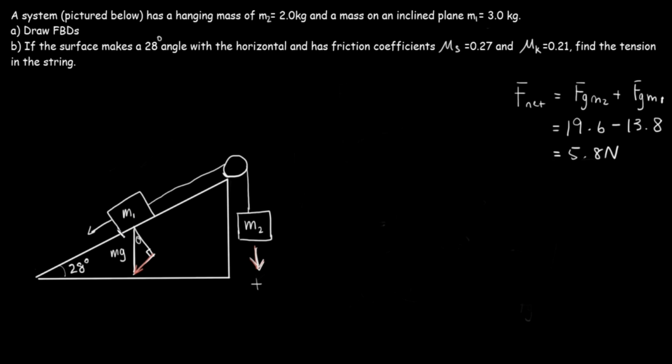And if this happens, that means that the system is not moving and it's just stationary. So let's find out if the system is moving. And we can do that by calculating the force of friction on M1 just by using the static mu. So let's find the force of friction.